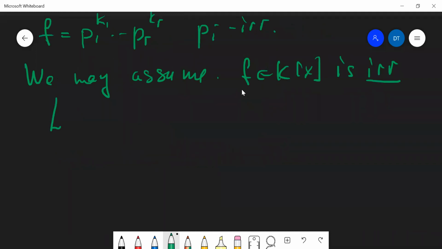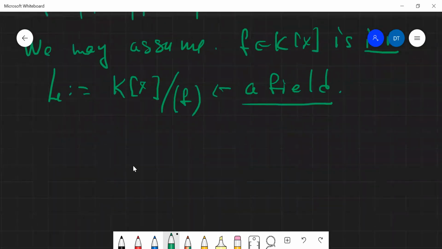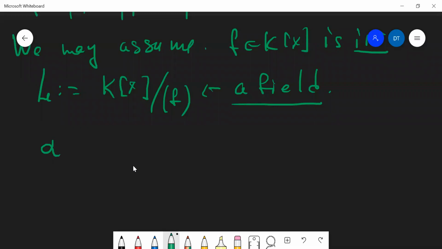So let me define L to be the remainder ring K[X] quotient by F. As we know, this ring is a field if and only if F is an irreducible polynomial. So since F here is irreducible, this is a field. Now I want to find an element alpha here. Well, I'll denote by alpha the element X of this field.